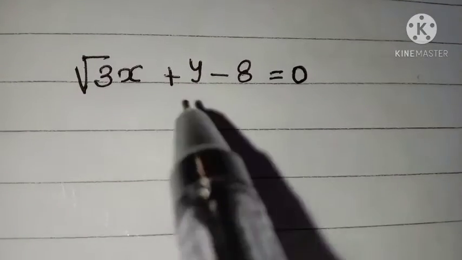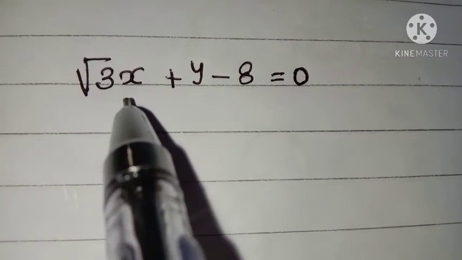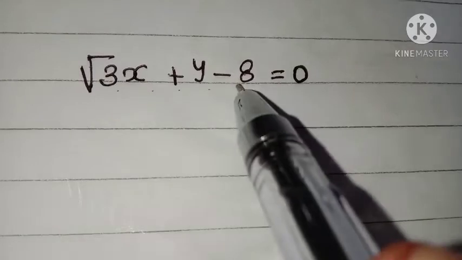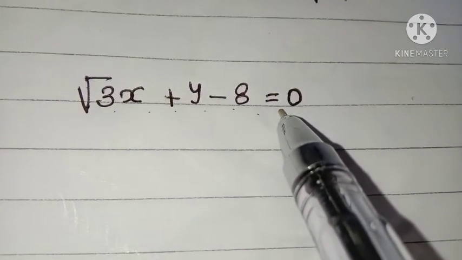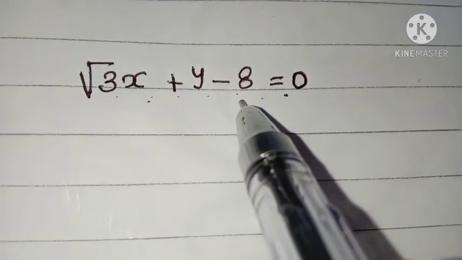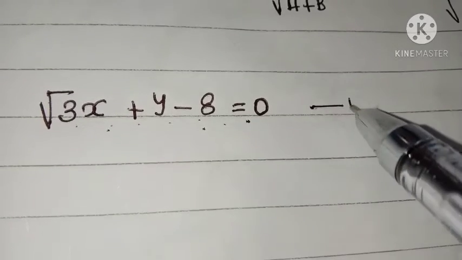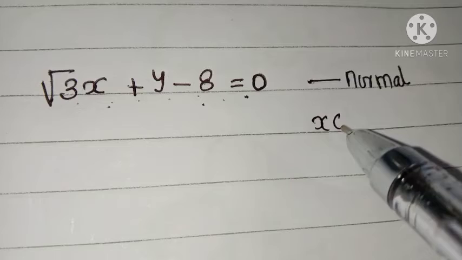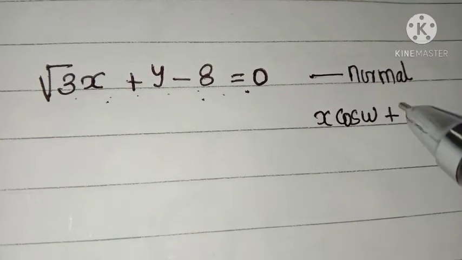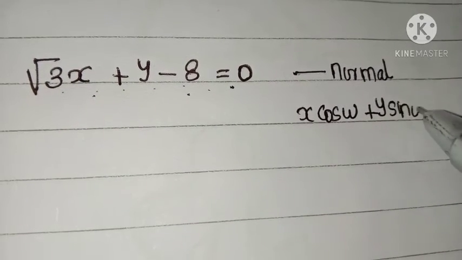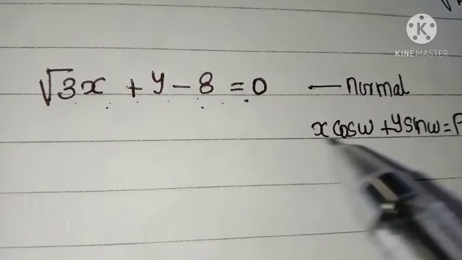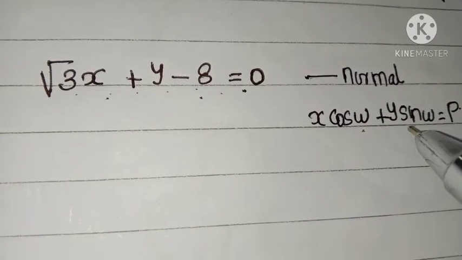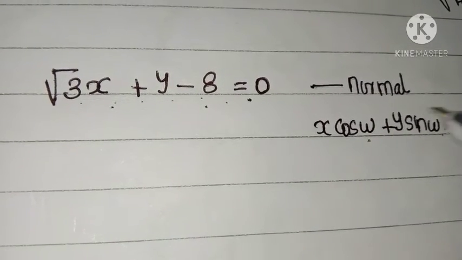For example, there is an equation root 3 x plus y minus 8 equal to 0. We have to reduce this given equation into normal form. Normal form is of the form x cos omega plus y sin omega is equal to P. So we need to know what cos omega, sin omega and P are.